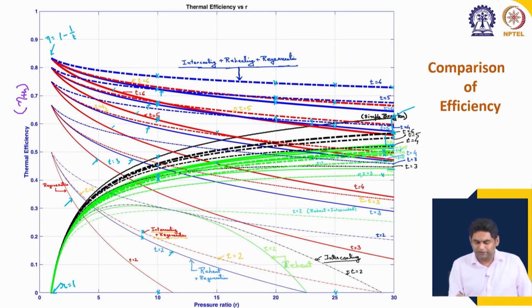Okay. So, this is a very complex map which could have been simplified with a smaller number of temperature ratios. So, for example, if we had just taken t equal to 5, we would have a very simple structure and you can understand better. I suggest that you draw similar plots. It is very easy to draw. We have already derived the expressions.